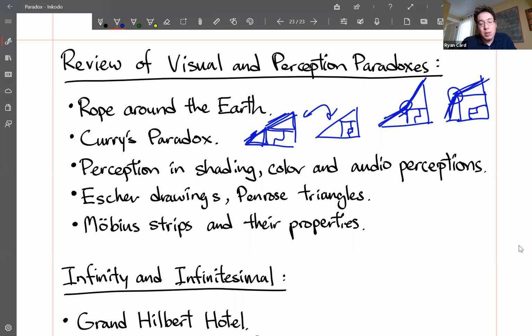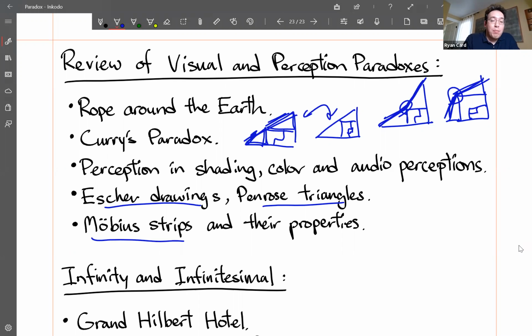And there was an audio clip of either heads or tails that came out differently depending on how your brain interpreted it. We looked at a lot of different Escher drawings and Penrose triangles where, if you focus locally on pieces of the picture, it makes sense, but if you look at it overall, it doesn't make sense.